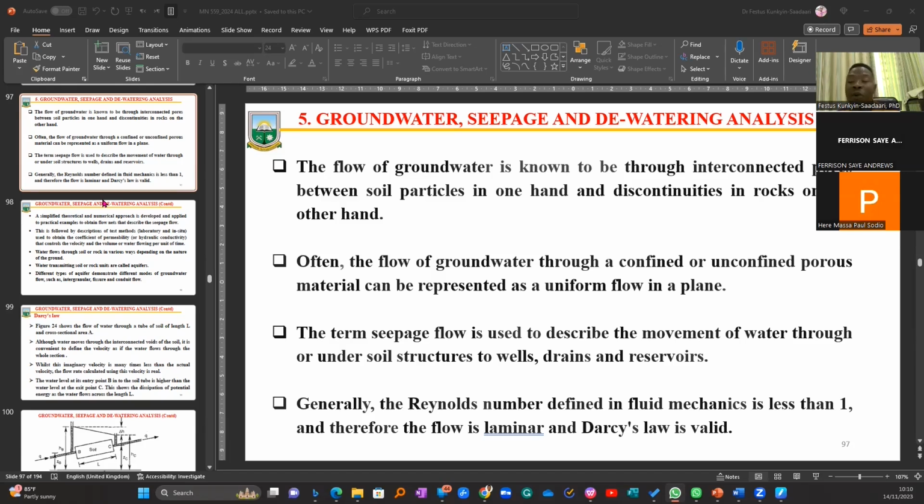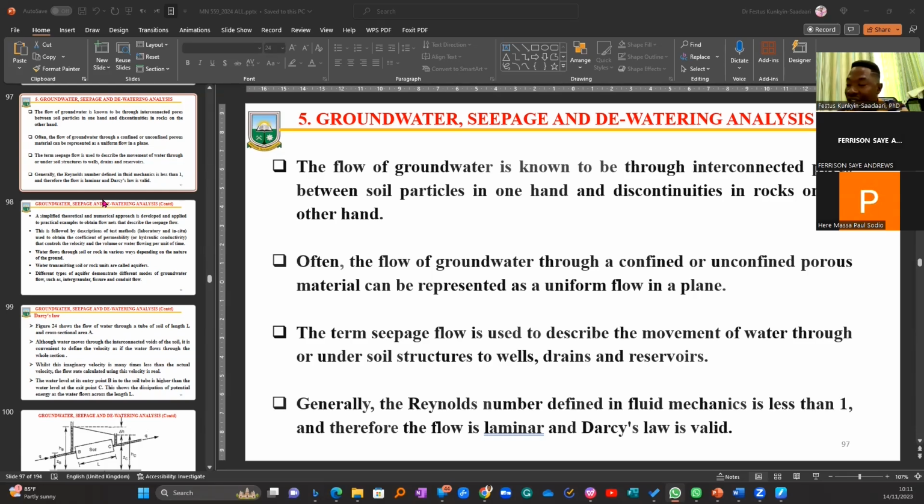So we're saying that the flow of groundwater is through interconnected space. If I have a rock material and this rock material happens to be porous, it means there is some space that can accommodate water. But mind you, the fact that there are empty spaces within the material does not guarantee the flow of water.